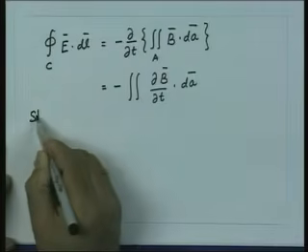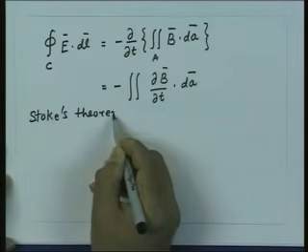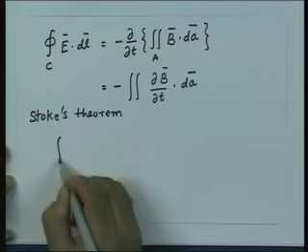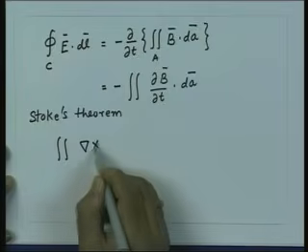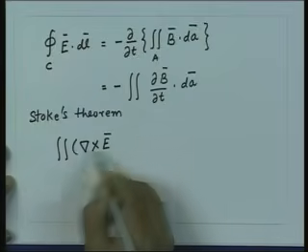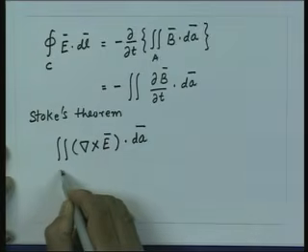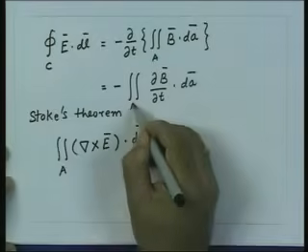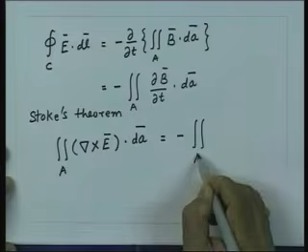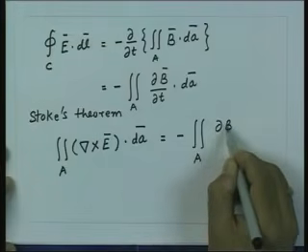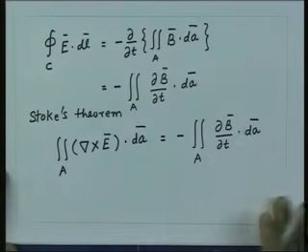So, if I apply the Stokes theorem, then I get double integral del cross E dot dA, that is over area A, that is equal to minus dB by dt dot dA.